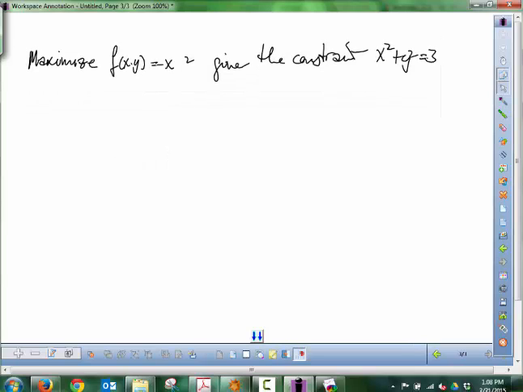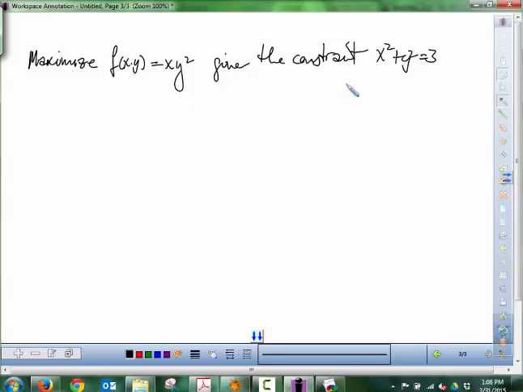So this is my F, and then I'll assign this to be my G. So we're going to have x and y as the values that we're going to be looking for, and then we're also going to introduce this lambda. So we're going to have 3 unknowns.